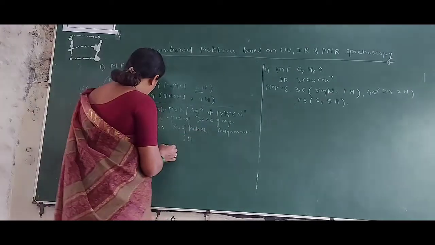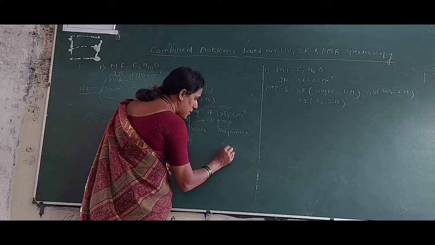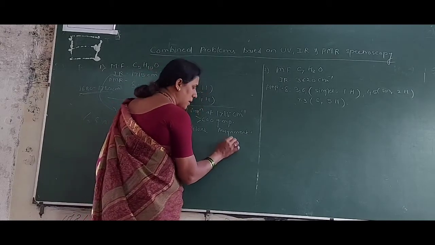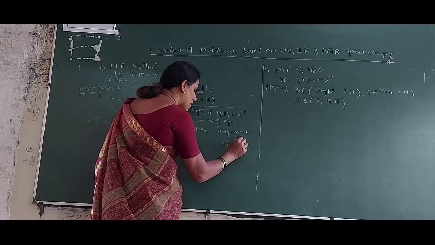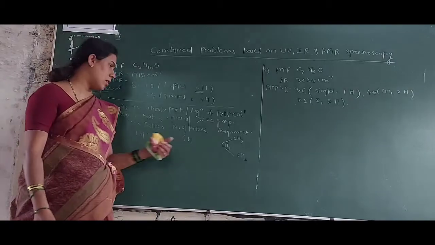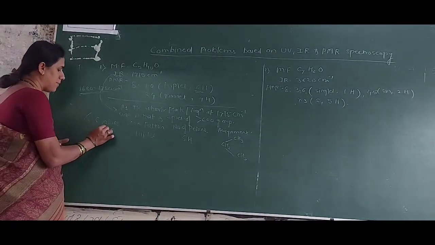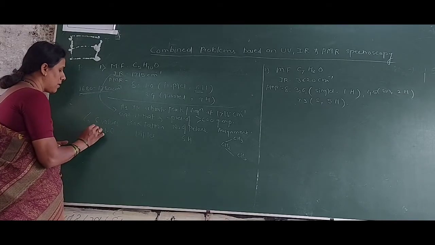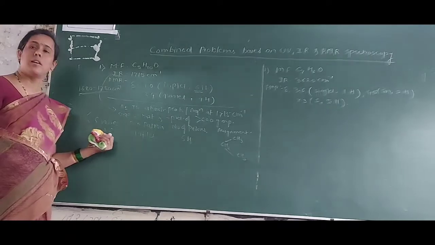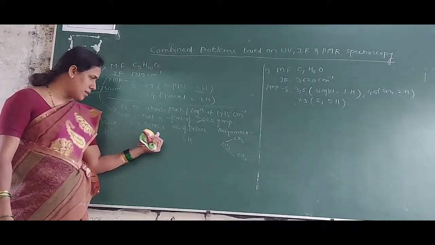Due to this triplet, the assignment is an adjacent CH2 group lying between CH3 and CH3. Again, the delta value 1.0 means it is present at the upper field.